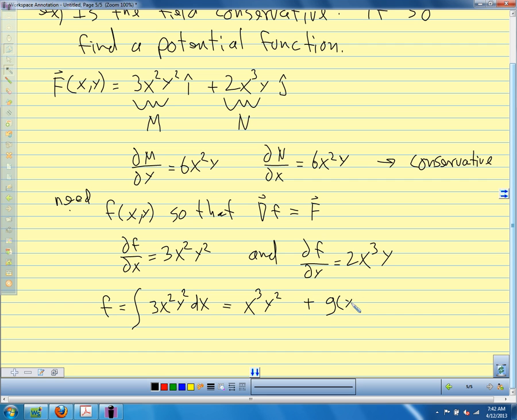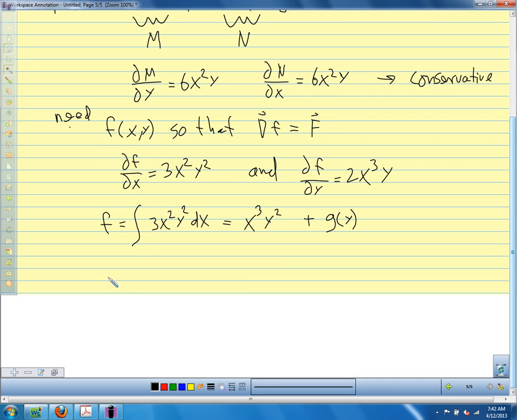So I'm just going to write plus g of y. And f also has to equal the integral of 2x cubed y dy. When we integrate that with respect to y, we get x cubed y squared plus some h of x, because our constant of integration could be a function of x.